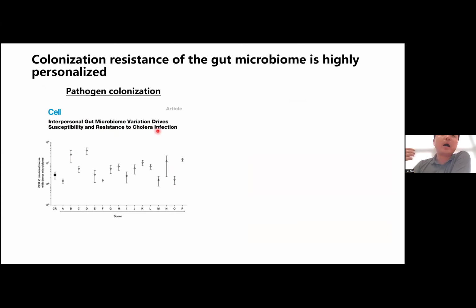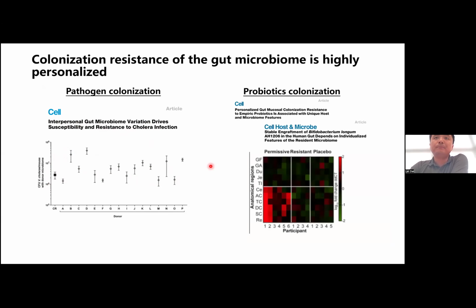We know that Vibrio cholerae is the microbial pathogen for cholera. Among different individuals, from left to right, their infections have a huge variation in the bacterial load of this pathogen, over 1 to 2 orders of magnitude. And on the other side, for probiotics, there's a similar phenomenon.